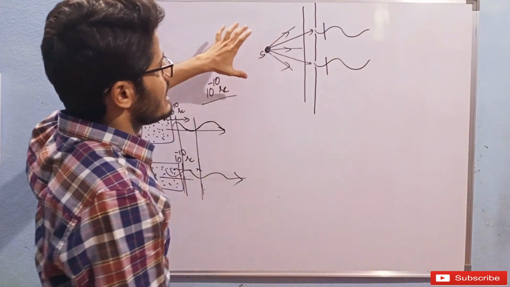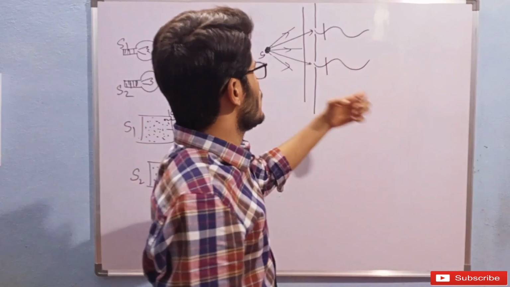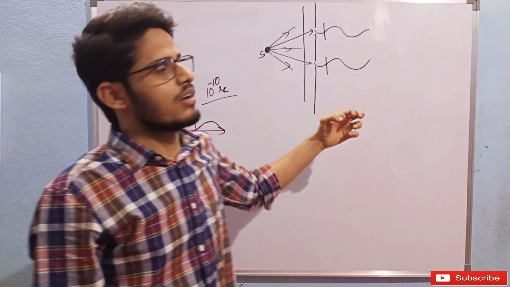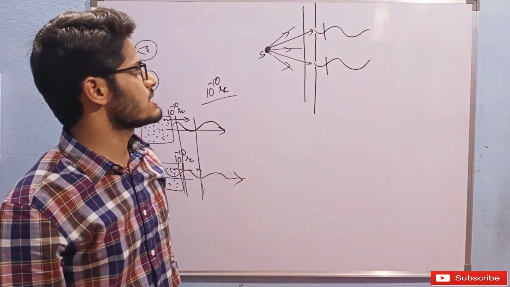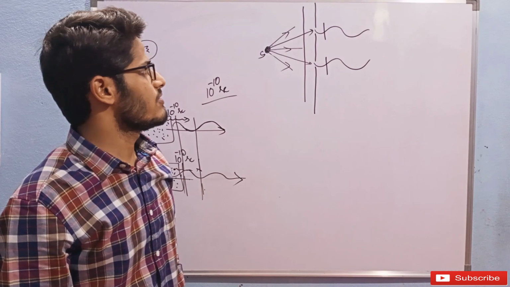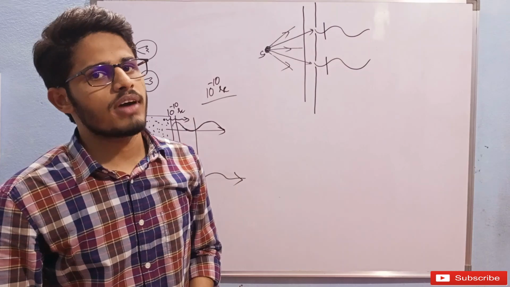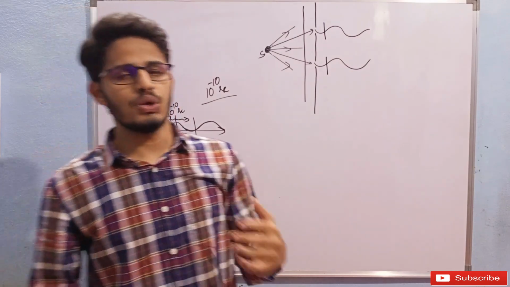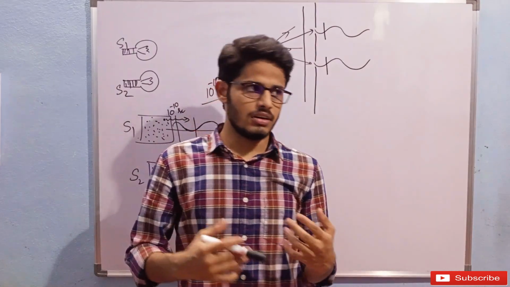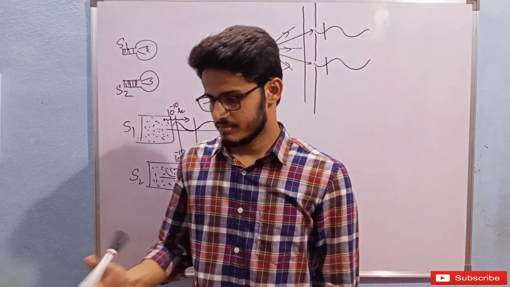That's why we call it interference due to division of wavefront. There's one more type, called interference due to division of amplitude. We'll be studying it later.